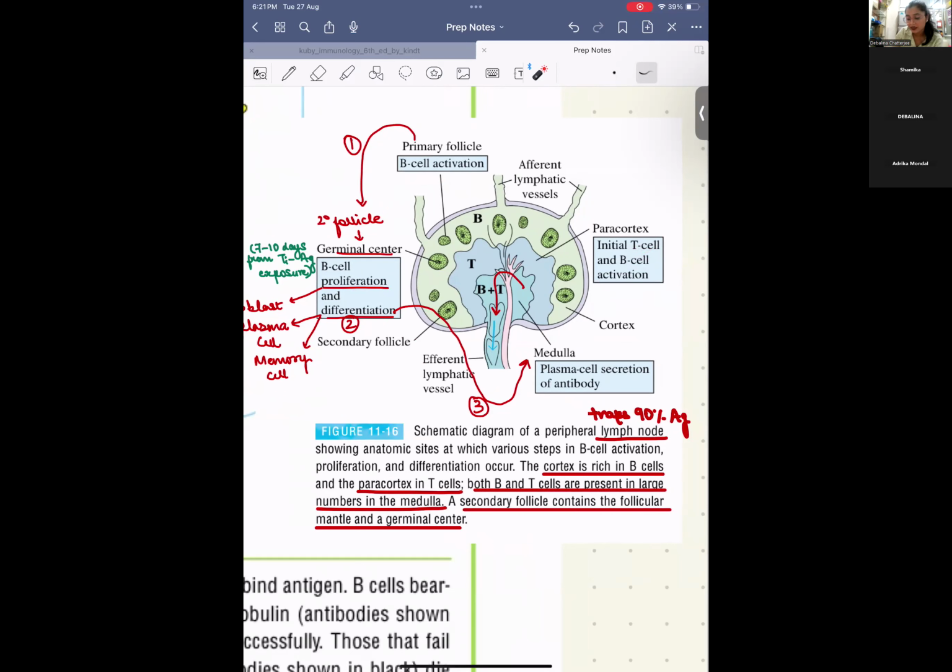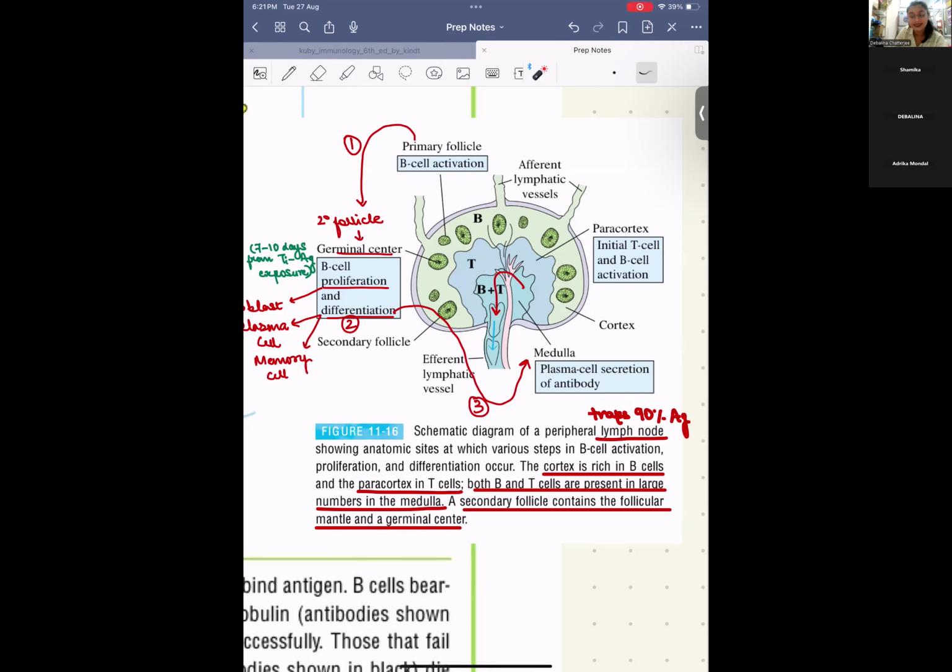Why so? Because over here, the B cell that gets activated has the ability to express the class 2 MHC molecule. So whenever there is a class 2 MHC molecule, the cells have the ability to present the antigens to the CD4 plus T helper cells. So the CD4 plus T helper cells in the margins of this paracortex are now getting activated because the antigen is being presented to them by the activated B cell.